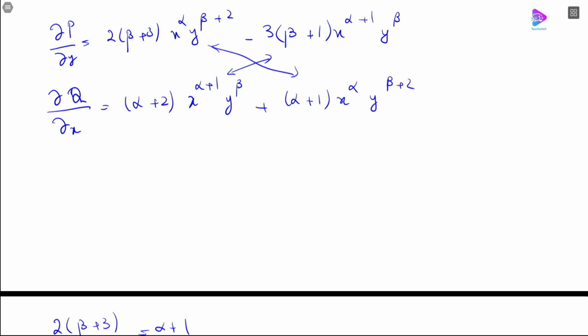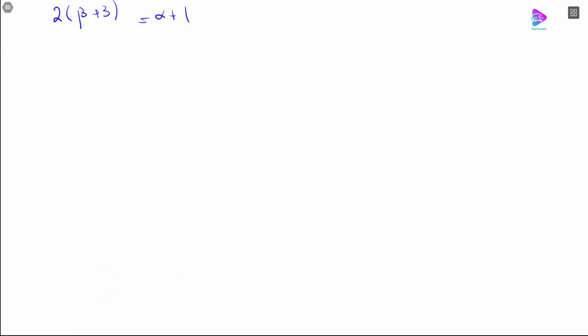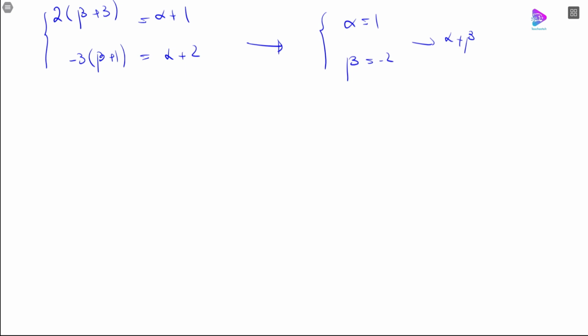And similarly, we're going to have minus (3 beta plus 1) is equal to alpha plus 2. If we solve this linear system of equations, alpha is equal to 1, beta is equal to minus 2, and alpha plus beta would be equal to minus 1. That's one example. Let's take a look at another example.